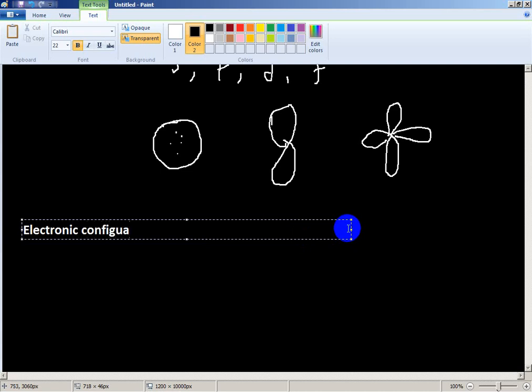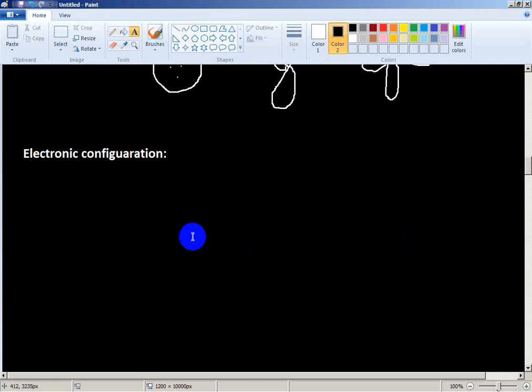So, a sodium atom contains how many electrons? 11. Okay, 11 electrons are distributed this way.